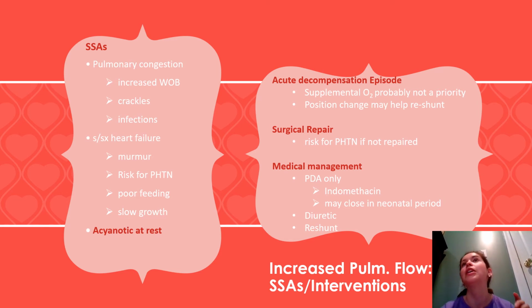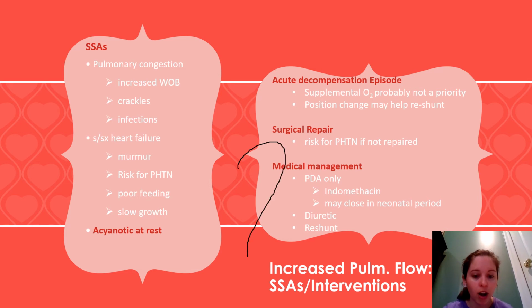Since their lungs are getting lots of good oxygen, they are acyanotic at rest. They should not be cyanotic because they're getting plenty of oxygen. So for these special patients, we have to make sure that when they are showing signs of decline, we are really cautious with the amount of oxygen we're giving them. So again, oxygen is a vasodilator.